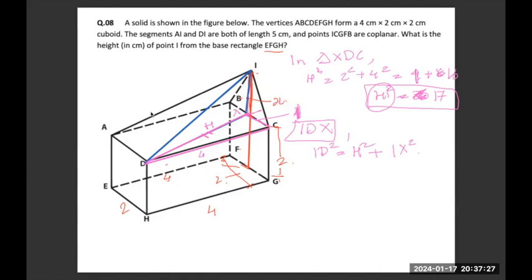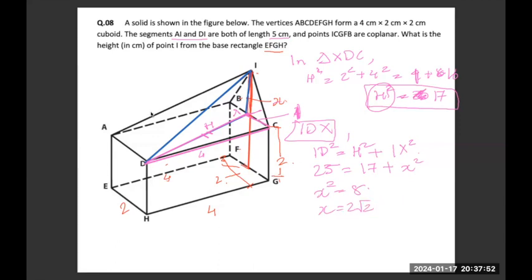ID square value I know from here, which is 5. So 25 is equal to 17 plus X square. 25 minus 17 will be 8. So X value is 2 root 2.